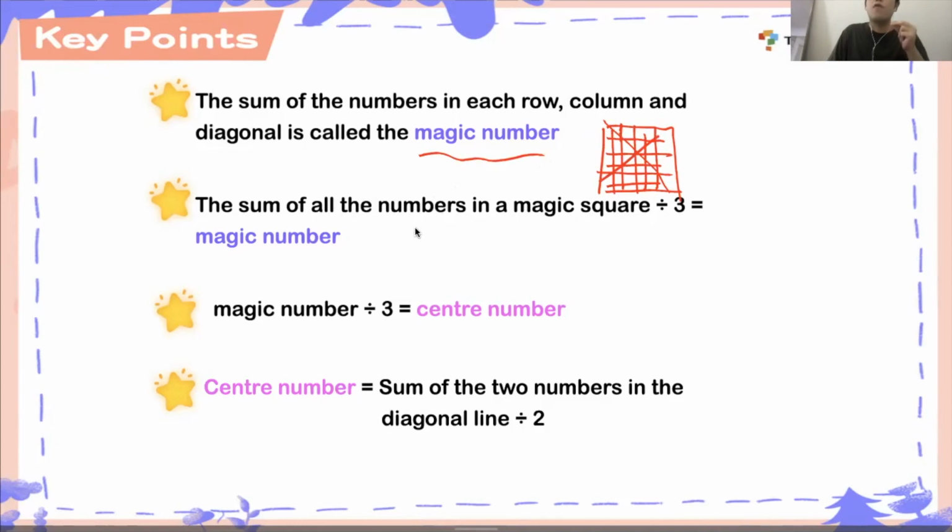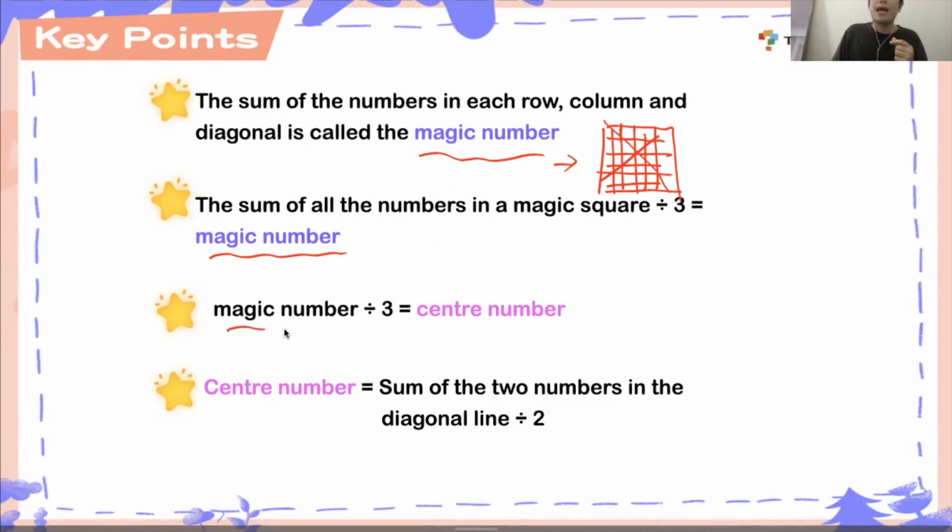And the sum of all the numbers in a magic square divided by 3 is the magic number. So all numbers in this diagram, we add them together, divide by 3, and that is the sum of one line, the magic number.